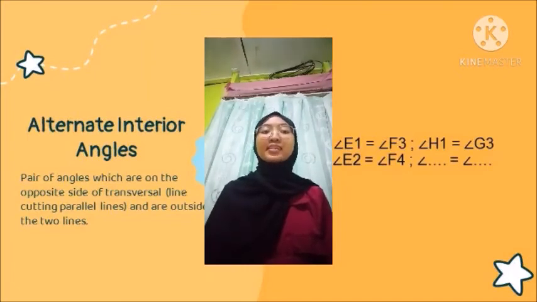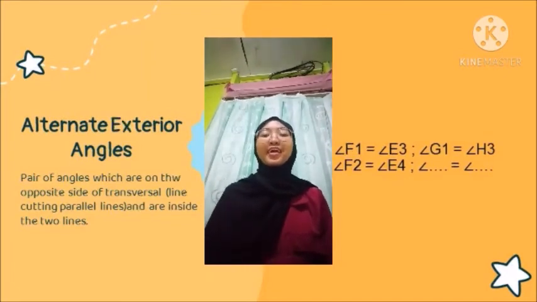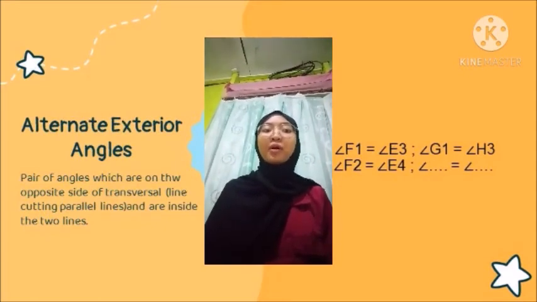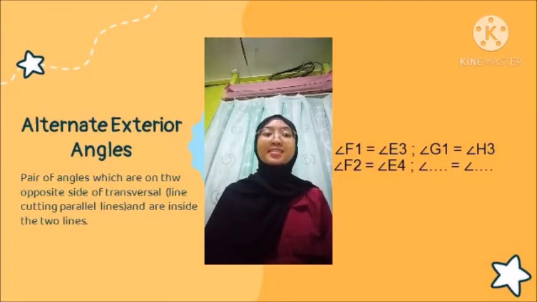Third, alternate exterior angles: a pair of angles on opposite sides of the transversal and inside the two lines.